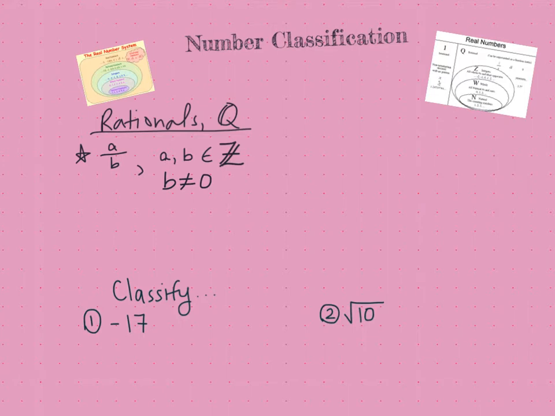So rational numbers include terminating decimals, so decimals that end, and they also include repeating decimals.